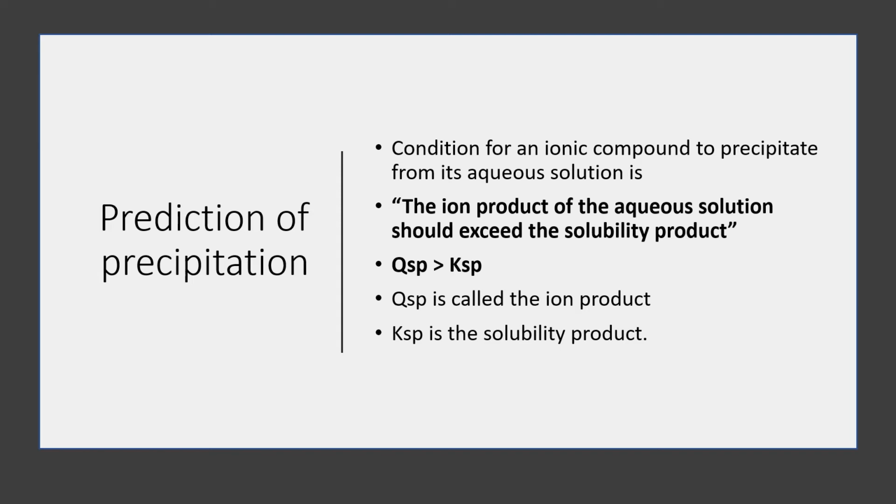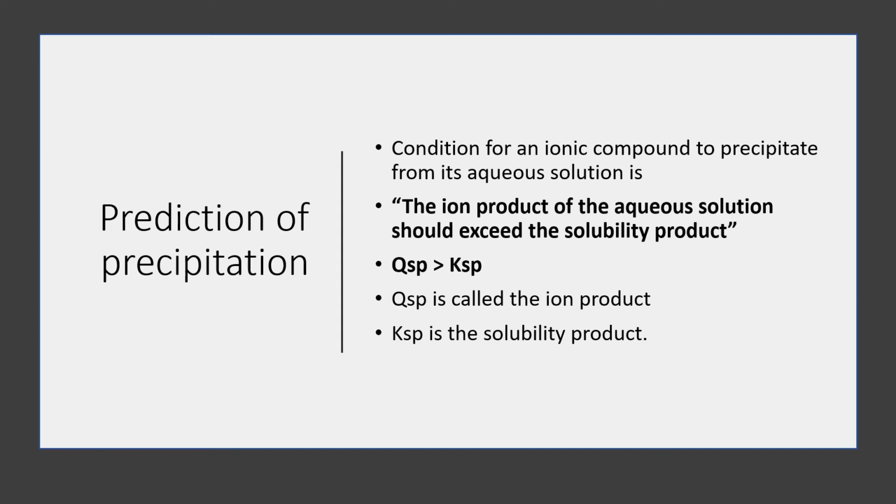So if you mix two solutions of two ionic compounds that have the potential to form a precipitate, I should be able to predict whether a precipitate will form or not. And it all depends upon whether the solution that is formed is saturated or unsaturated with respect to the precipitate. And we can actually calculate that using what we refer to as ion product and solubility product.